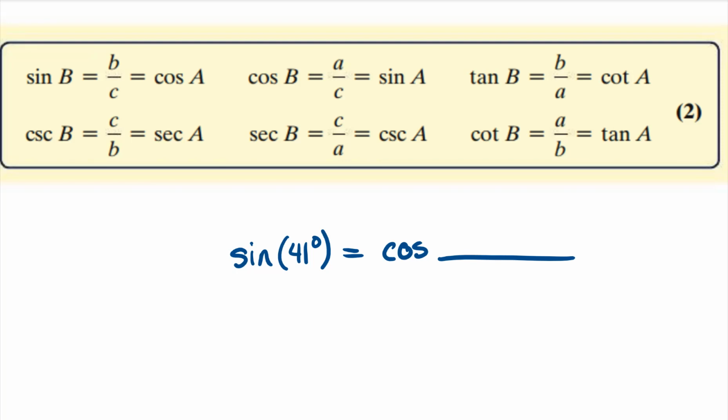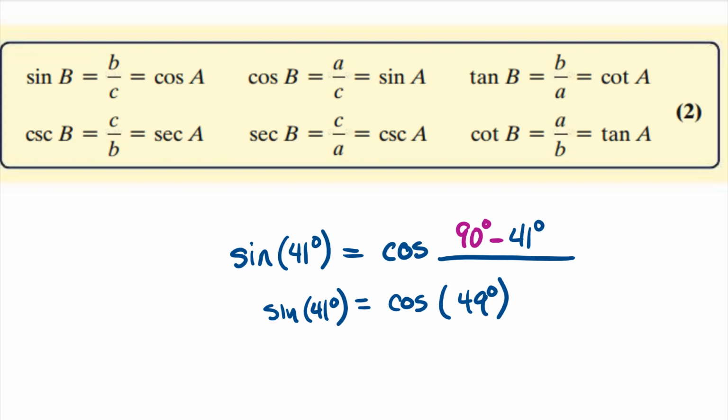Co-functions of what are equal? Complementary angles. So we'd subtract out the 41 to get an answer, and we find out that cosine of 49 degrees is equal to sine of 41. I like putting those on tests. Real simple. Bang. What's it equal? That's no big deal.